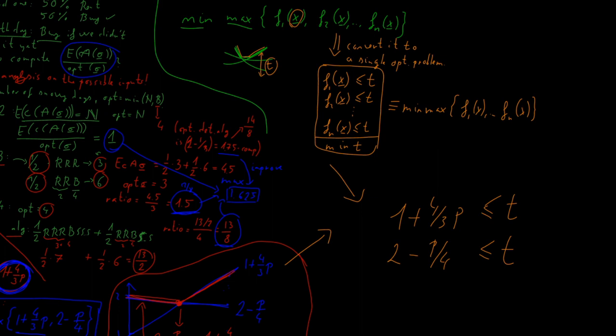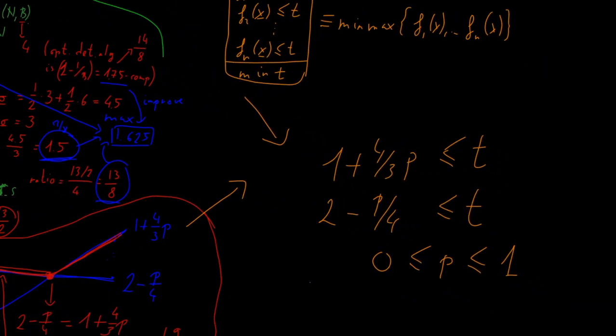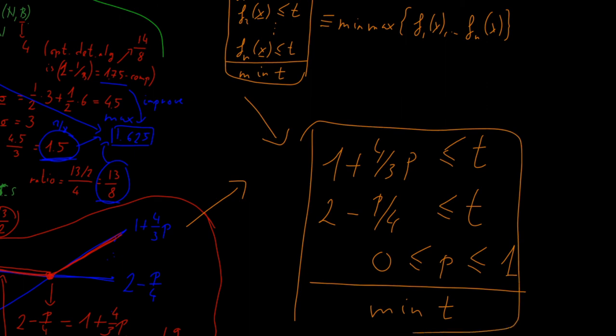And since p is a probability, I have to write down explicitly that 0 and 1 are bounds for p. If I'm dealing with probabilities, then I also have to include this, of course, and then I have to minimize t. Now in this case, this is a linear program, linear optimization.